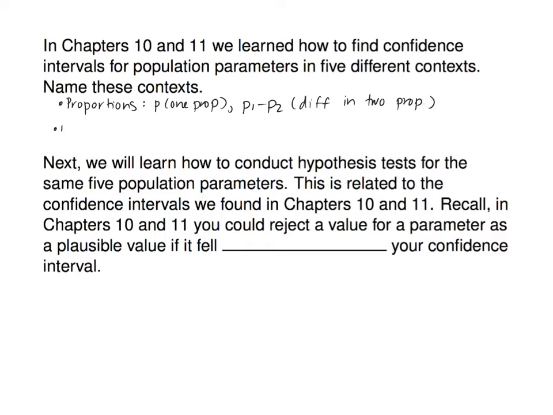And then we also had means. So mu1, a population mean, mu d, which was the mean of paired differences, and then mu1 minus mu2, which is the difference in 2 population means.